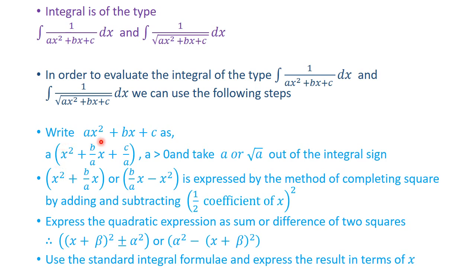So here the first two terms which contain x, okay, x square plus b by a x. Now this expression can be reduced to a complete square or perfect square form by adding a third term.